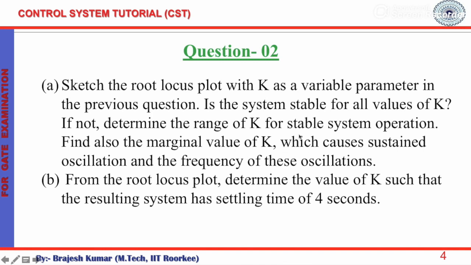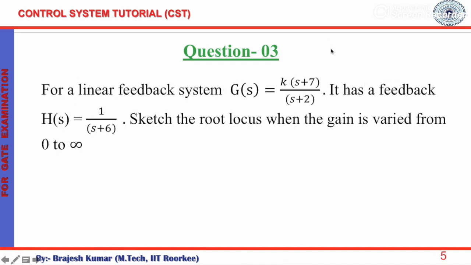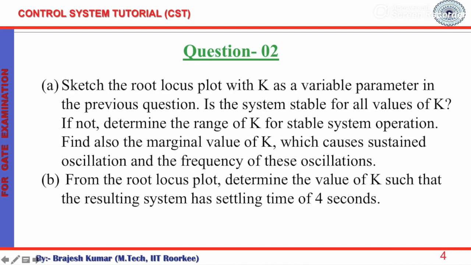From the graphical approach, suppose you have a j omega axis and a sigma axis, and the root locus of something goes like this. Here is a pole, here is a pole, for example.